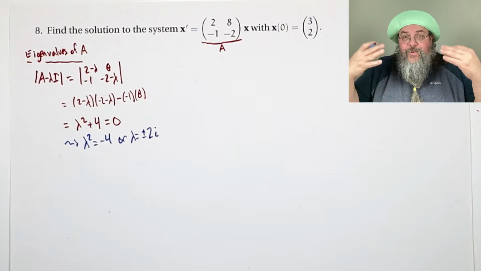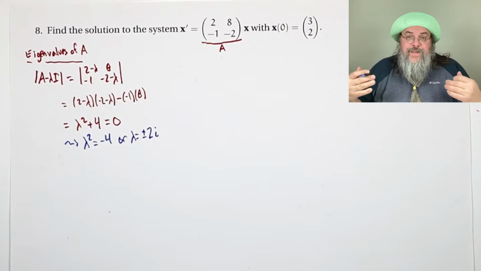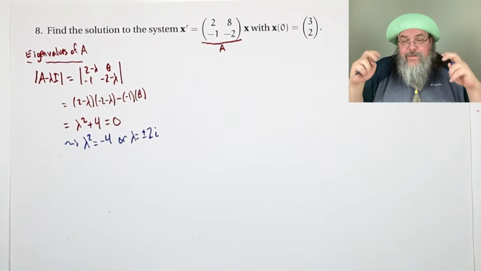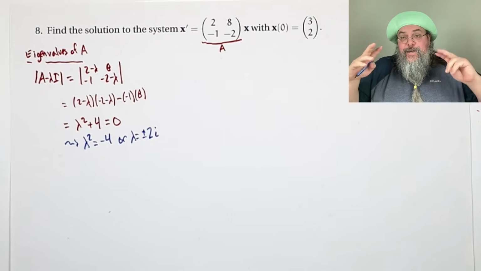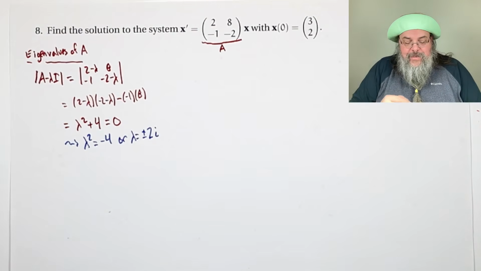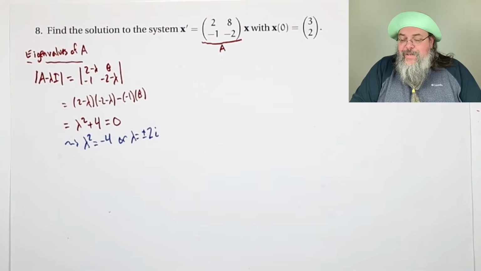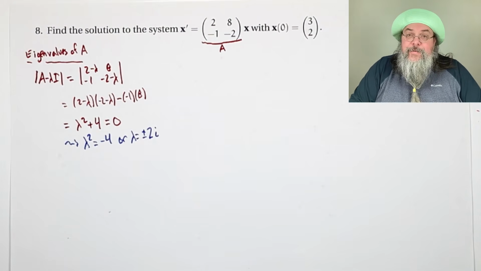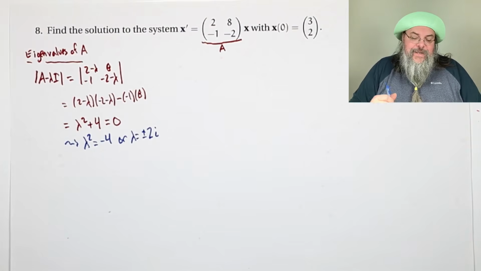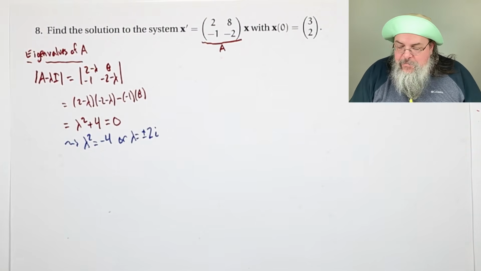Because to get rid of the square, we take a square root. And when we see a square root of -1, we say, oh, that looks like i, the imaginary thing where i squared is -1. Okay, so we're dealing with something complex.